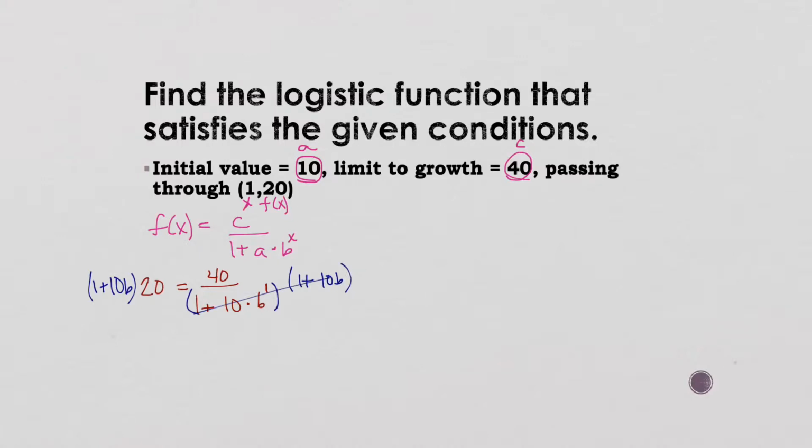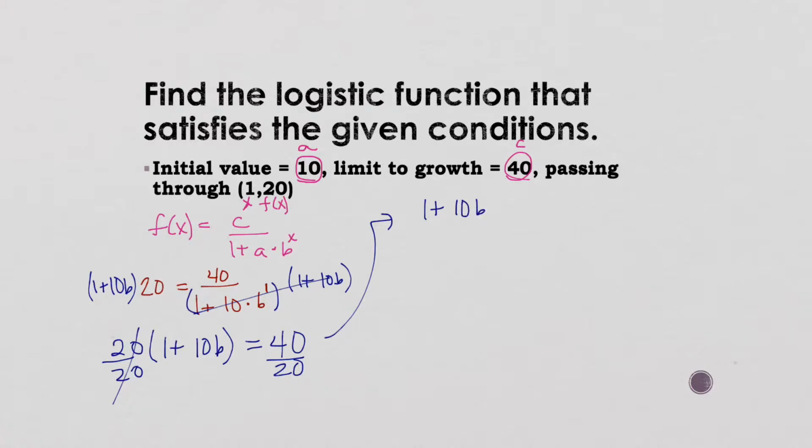It's going to cancel out on that side, and I'm going to end up with 20 times (1 plus 10B) equals 40. Well, I want to get rid of my 20, so I'm going to divide both sides by 20. That's going to cancel these out. It's going to leave me with 1 plus 10B equals 2.